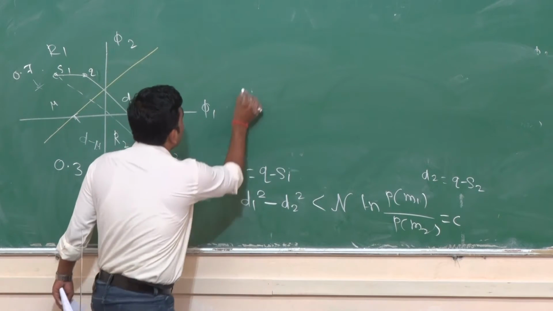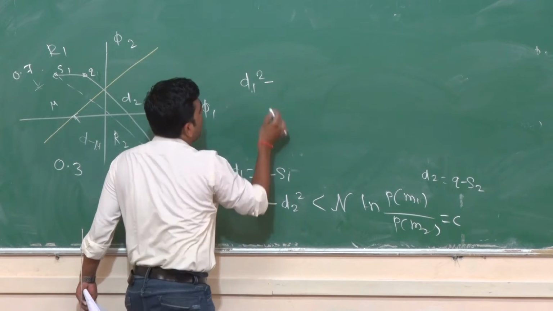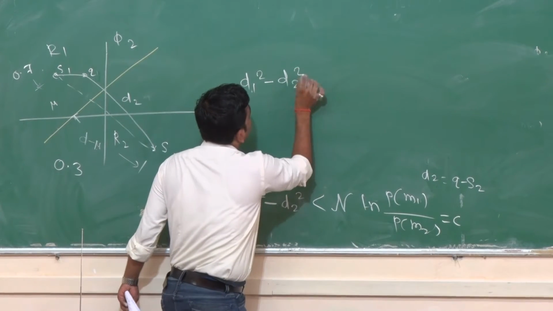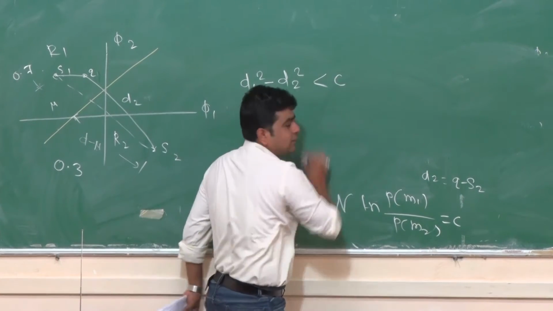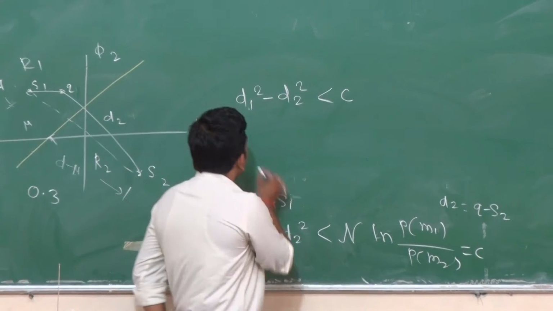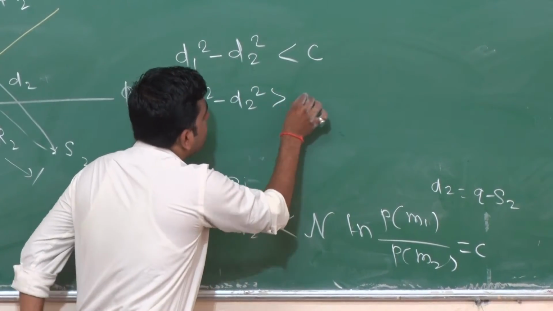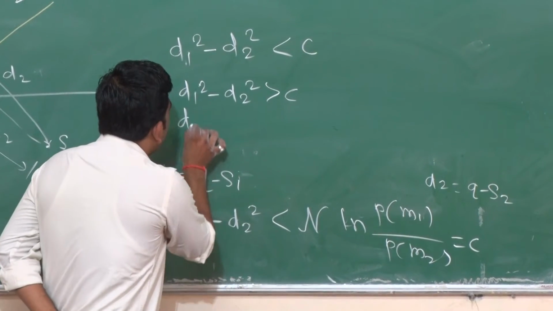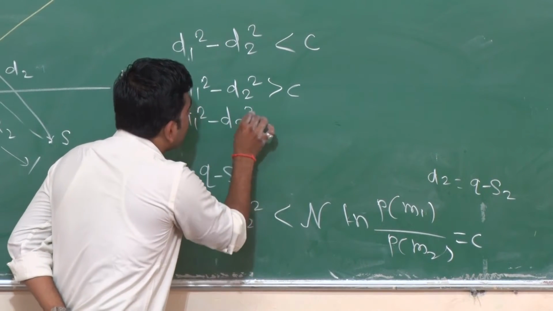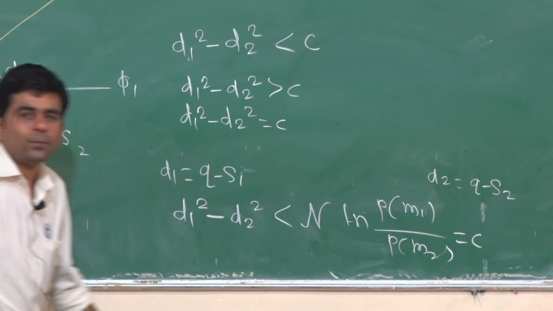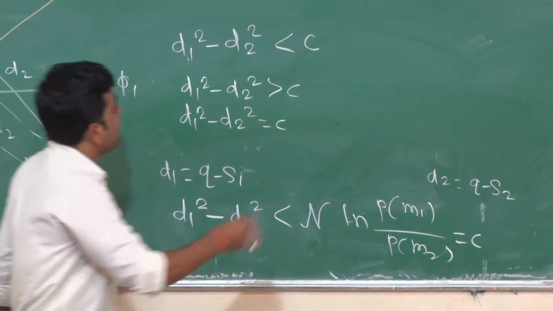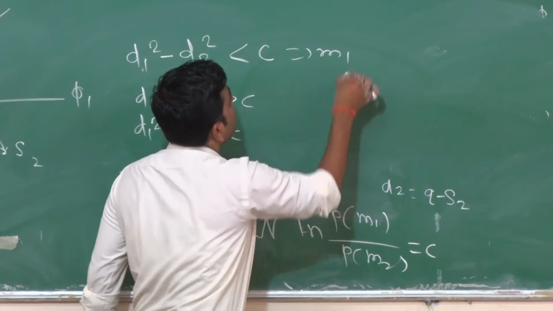Now regarding this, there are three situations: d1 square minus d2 square is less than this C, d1 square minus d2 square is greater than C, and d1 square minus d2 square is equal to C. In the first case we can say that symbol m1 is transmitted.